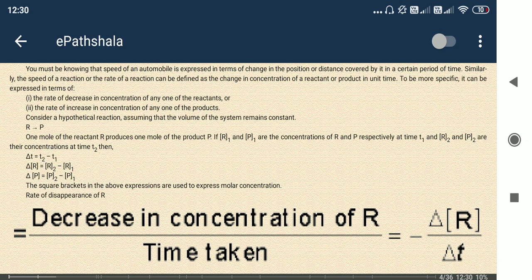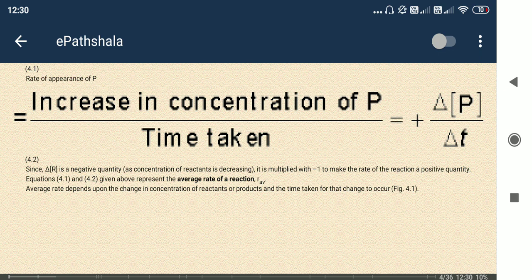To keep the reaction rate positive, we need a minus sign before it. That's why minus delta R by delta T. In case of the reaction rate with respect to product formation, this will be plus delta P by delta T. Okay, so this is the basic. Reaction rate is done already.